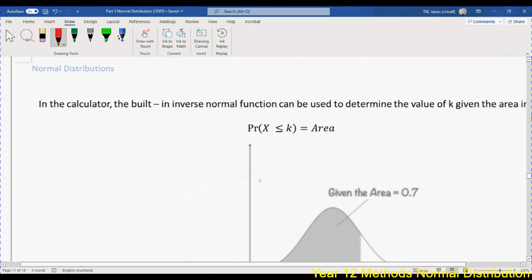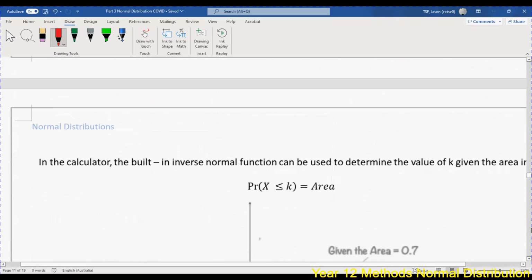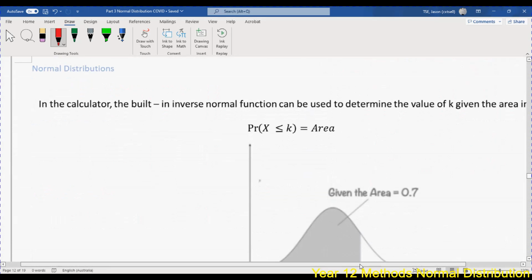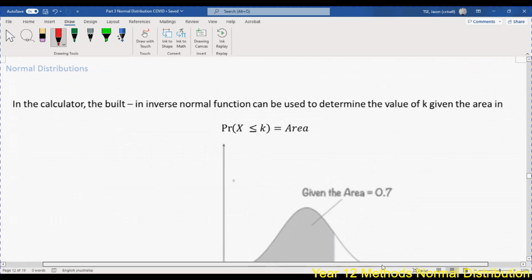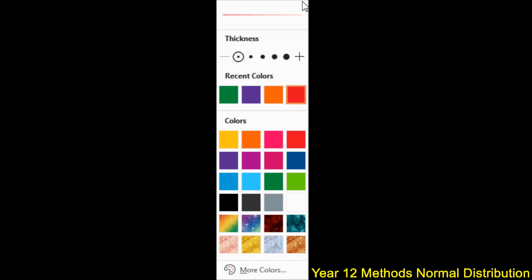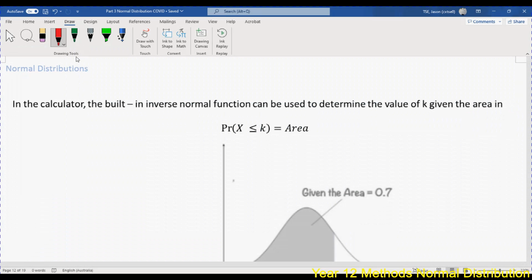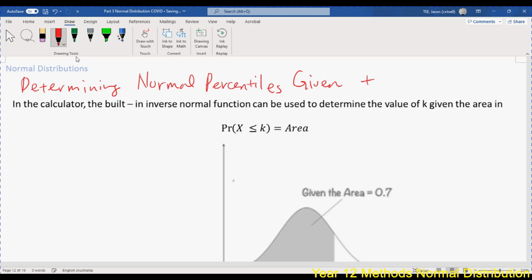Okay, I think that part is not the most difficult part. But next we are going to find the, okay, I missed the title here. So what I'm going to do next is to determine normal percentile given the probability.